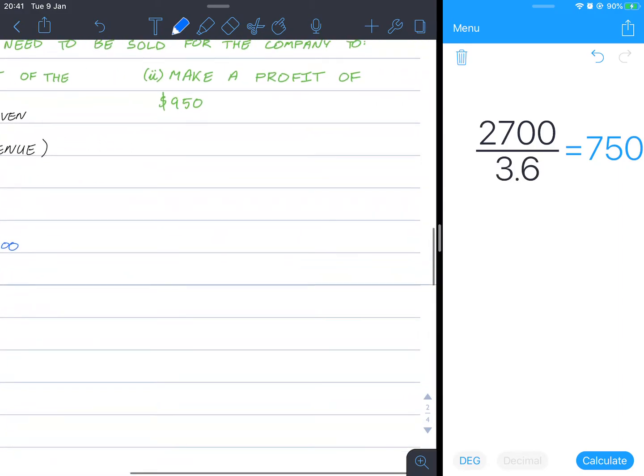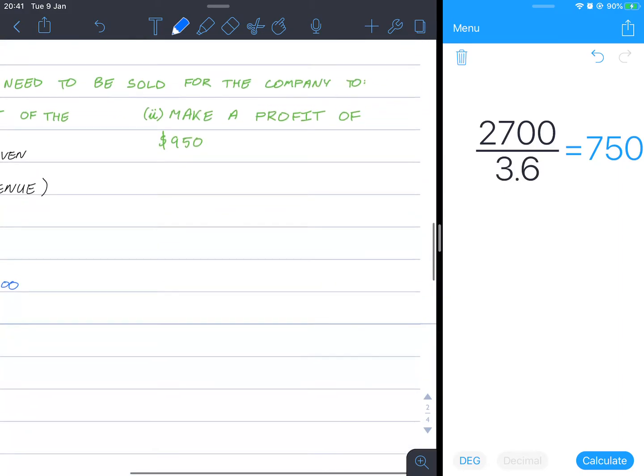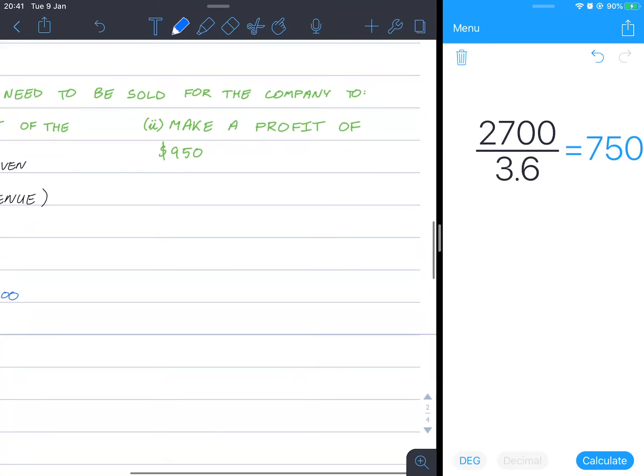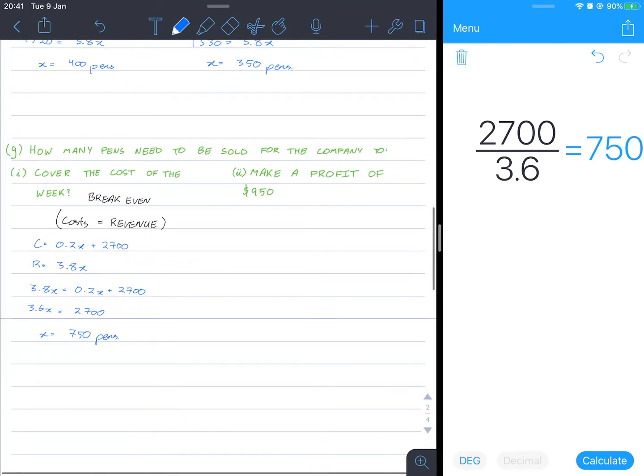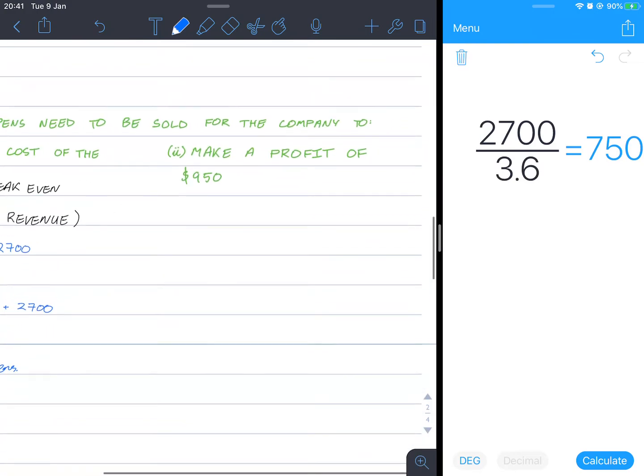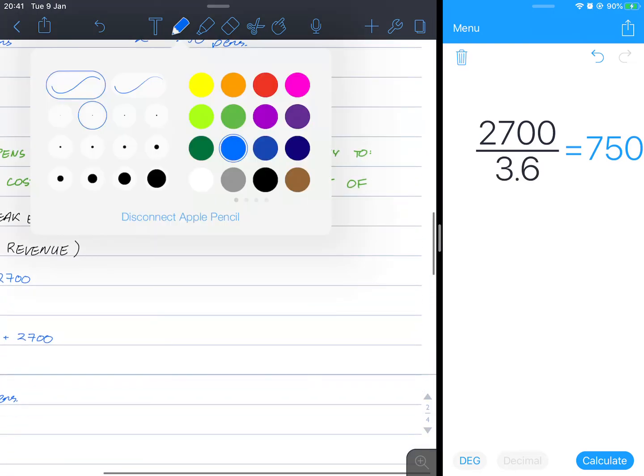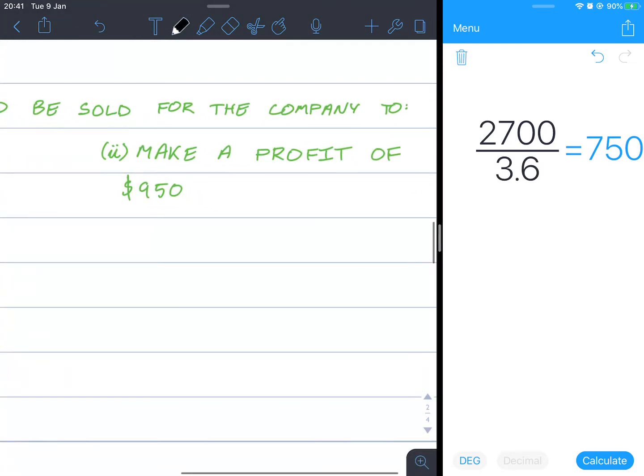Let's figure out how many pens need to be sold to make a profit of $950. Okay, well, profit is when my revenue is greater than my cost.